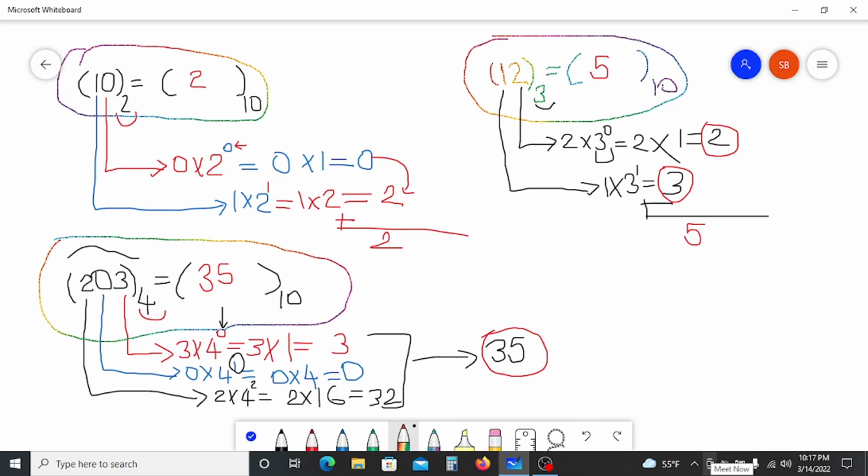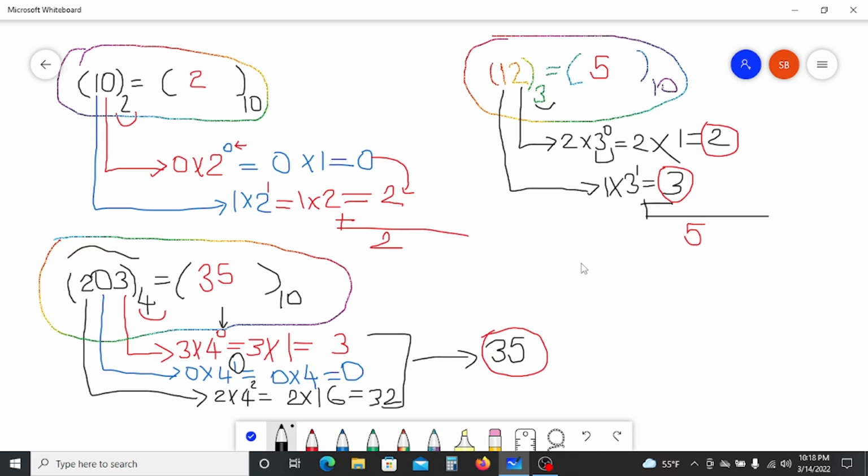Base 5, base 6, base 7, base 8, base 9, we can do similar practices. We will do it. But before that, I want to mention how we can convert if the number is given in base 16. What's that?